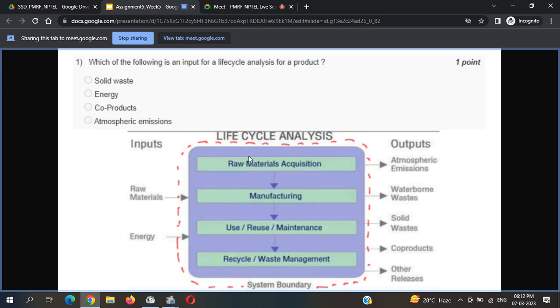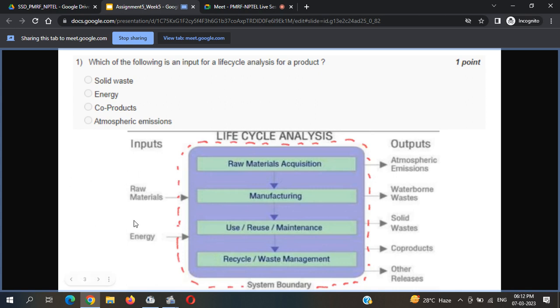So input, like here within the product boundary, we have raw material acquisition. So we need some raw materials while manufacturing the product. So at the beginning of the product life cycle, we sometimes also need some raw materials during the manufacturing stage and sometimes even during the product use.